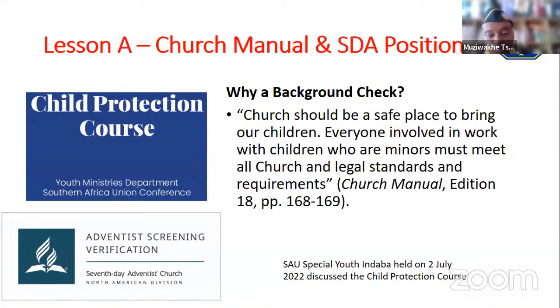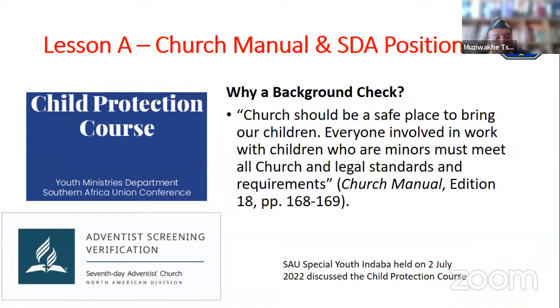On the 2nd of July in 2022, SAU, during a youth indaba, discussed the child protection course and made it very important for all of us under SAU to actually undertake this course. I want to encourage leaders who may not have attended the course yet, that the conference does provide the child protection course, and I just want to encourage you to attend.